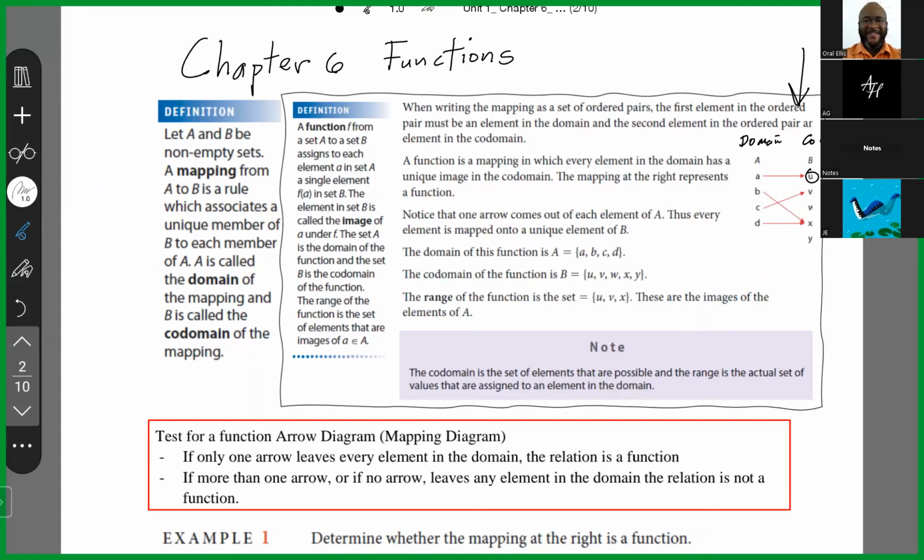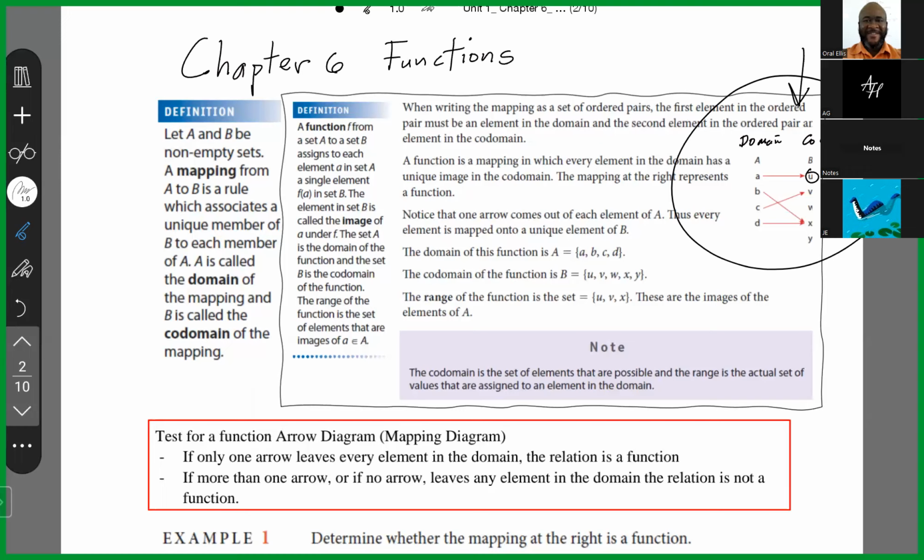So to the right, we have a function. So that's our function. Now the elements of A, those are the domain. The elements of B are the what? Codomain. Now the elements of B, which are actually images of the elements of A, those are the elements which are said to be in the range.